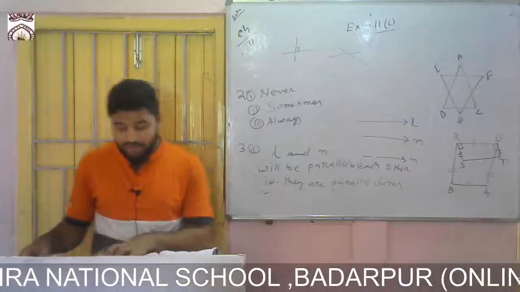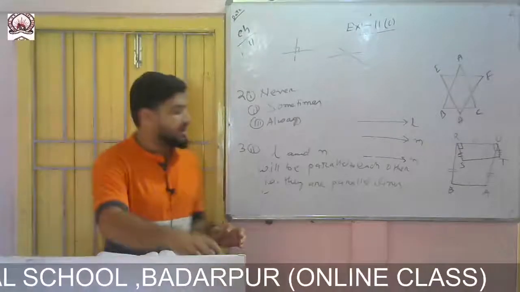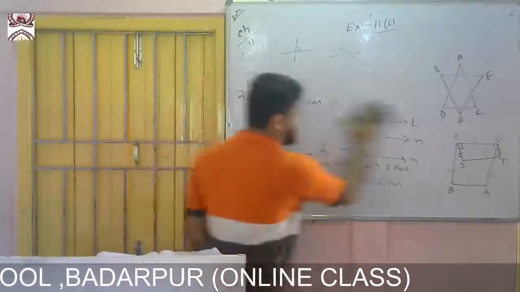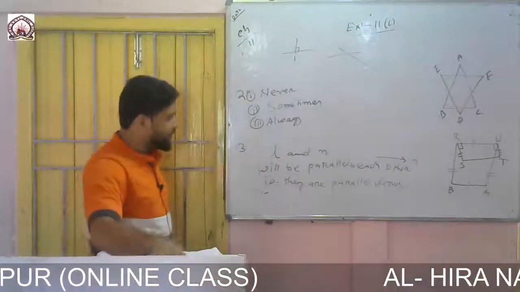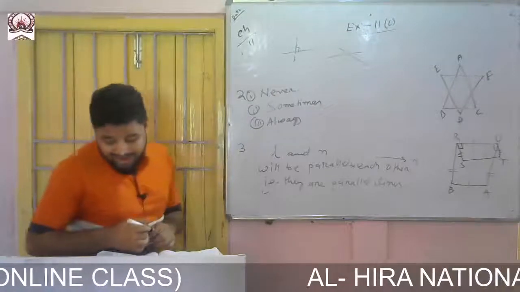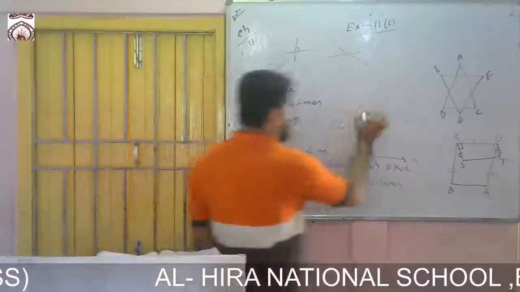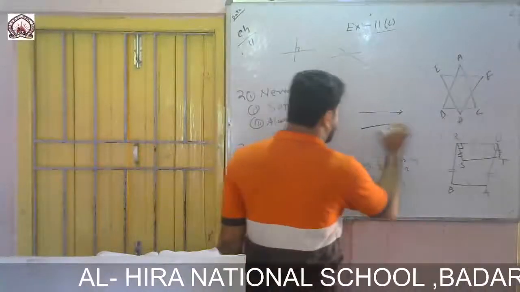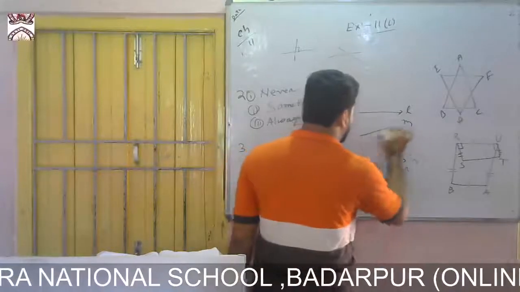Question number 4, what is there? If the line L is not parallel to line M, that means these two lines are not parallel.